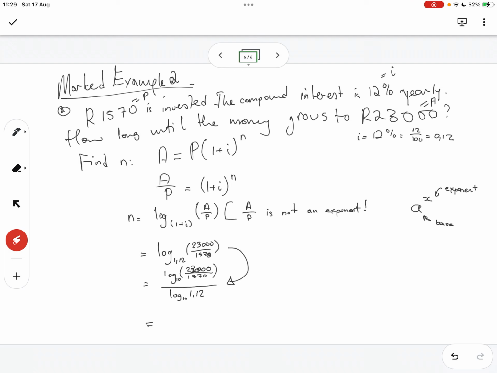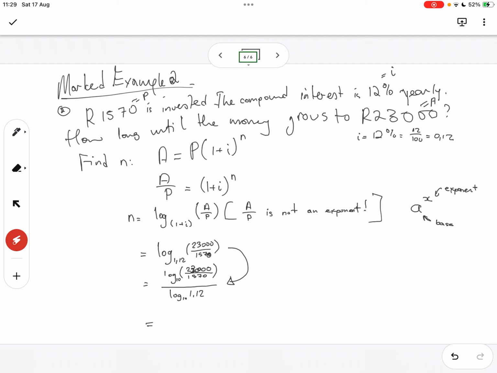It sounds a bit confusing for now for you, and I understand why. But for now, just take it at face value because you haven't learned the theory of logarithms, that this part is not an exponent in this case.